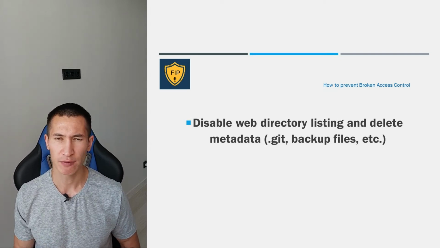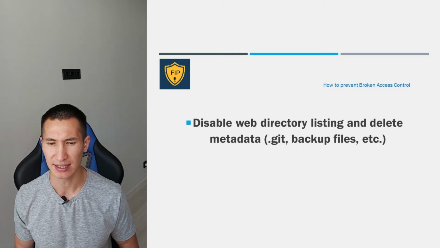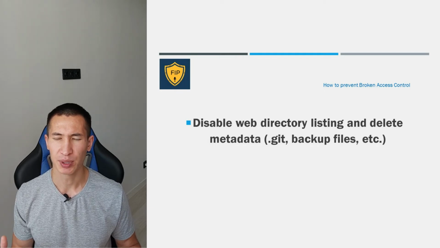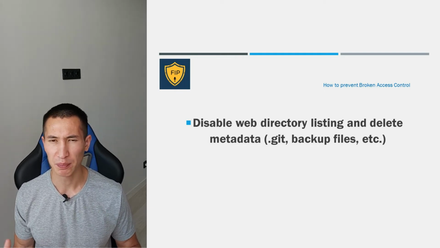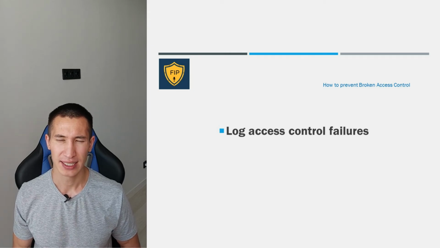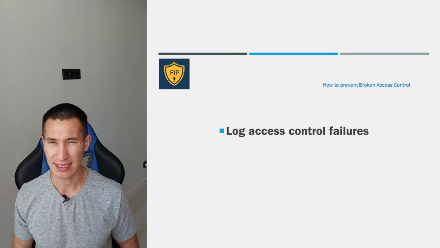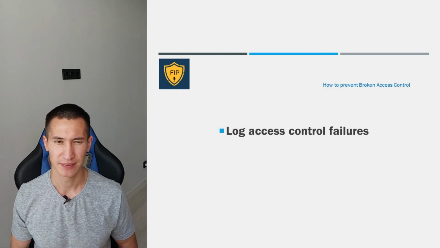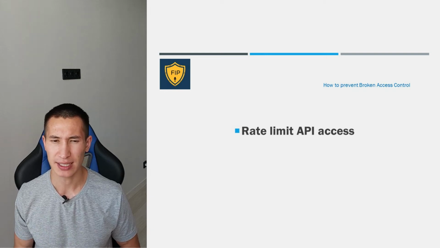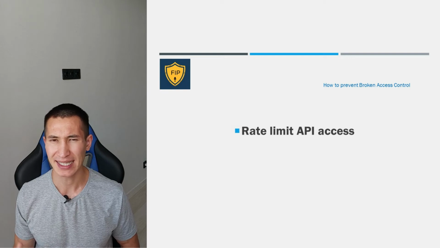Disable web server directory listing and delete file metadata, for example, .git folder, and backup files from web routes. Log access control failures, and alert admins when appropriate, for instance, repeated failures. Rate limit API and controller access to minimize the harm from automated attacks.